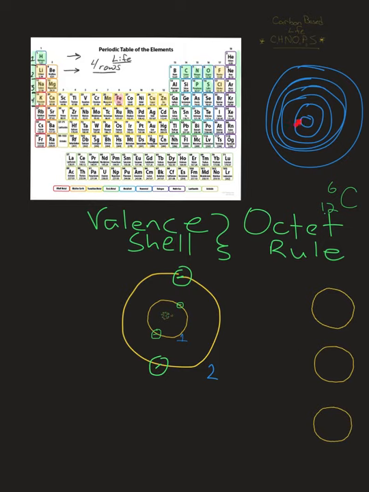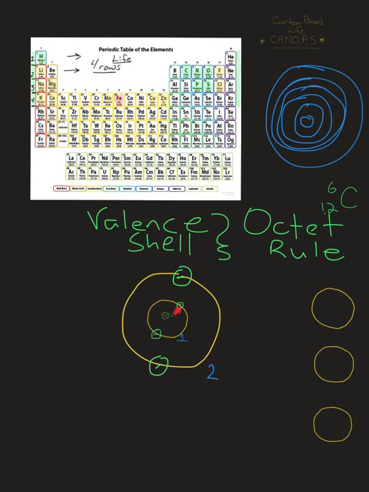Always start in and then move out. That's how they fill in. The first 2 fill in here. The next 2 sit out here in the second shell because they repel. These electrons all repel each other in 3-dimensional space. I hope that makes sense, that these are repelling each other in 3-dimensional space because the negative like charges repel.